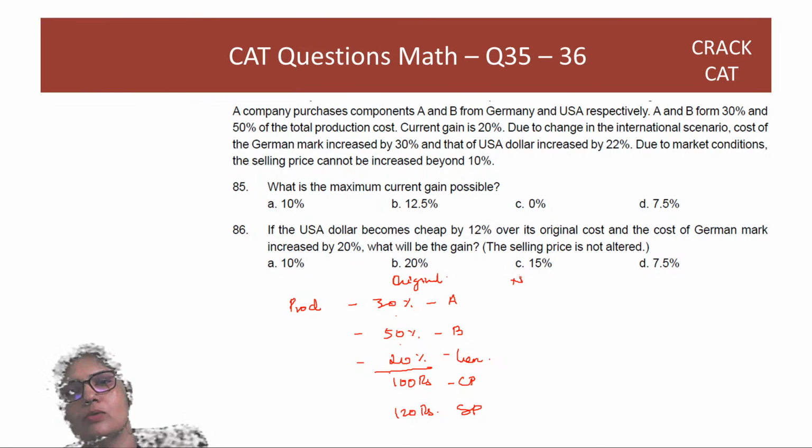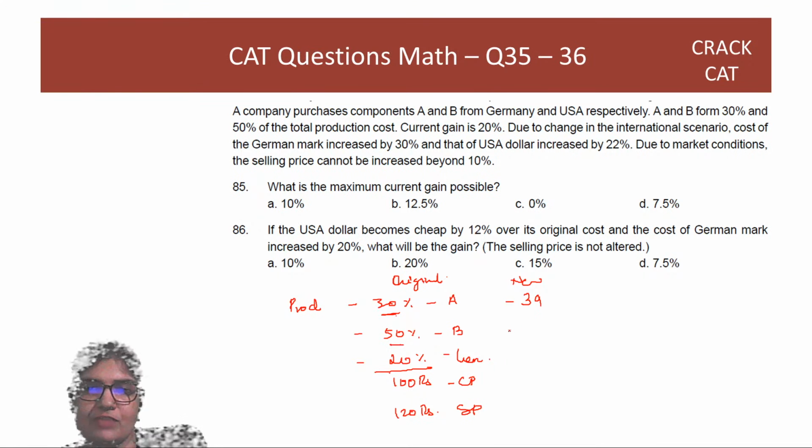Now let's look at the new scenario. German mark increased by 30%. तो जो 30 रुपये में आ रहा था will now come at 39 rupees. US increased by 22%. So जो 50 में आ रहा था that will now become 61 rupees. अब अपने country का cost will remain at 20.